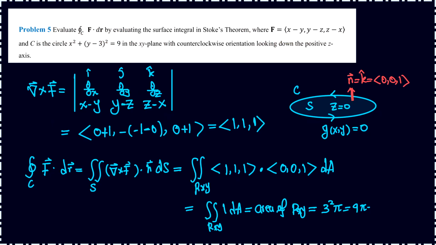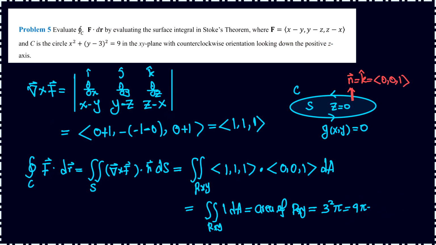Now, look, if I had taken some crazy surface whose boundary curve is this curve, like let's say I took a hemisphere, or I took a paraboloid, the surprising result would be that I still end up with 9 pi.